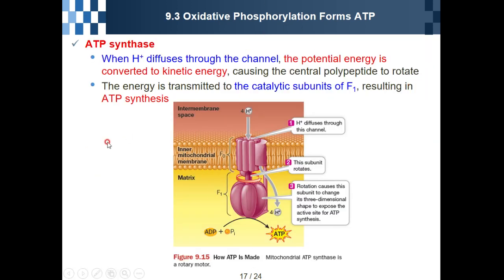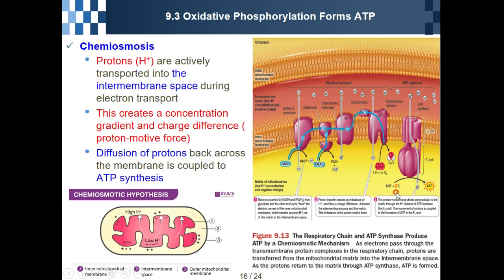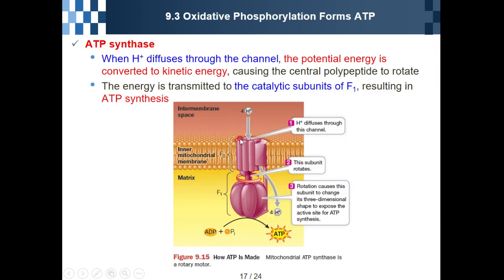And if you see some detailed information here, the intermembrane space has a higher proton concentration. This proton is diffused through the channel. So this potential energy is converted to kinetic energy.